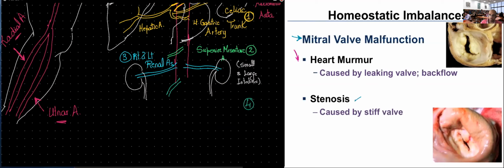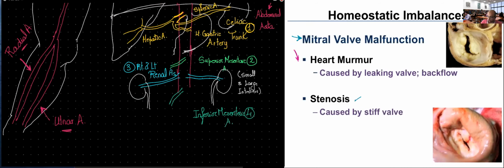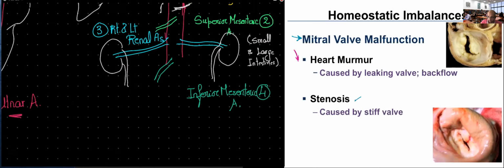Any other answer? Any other response? Inferior mesenteric artery, exactly. This is going to be supplying the blood to the remaining part of the large intestines that didn't get blood supply from the superior mesenteric artery.